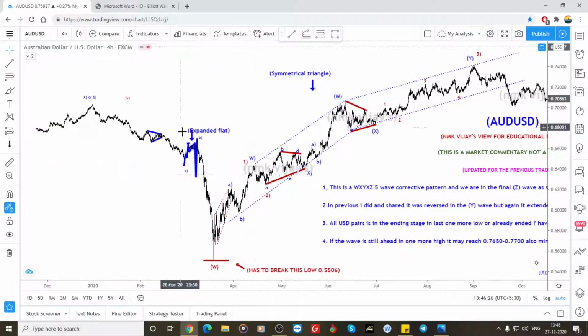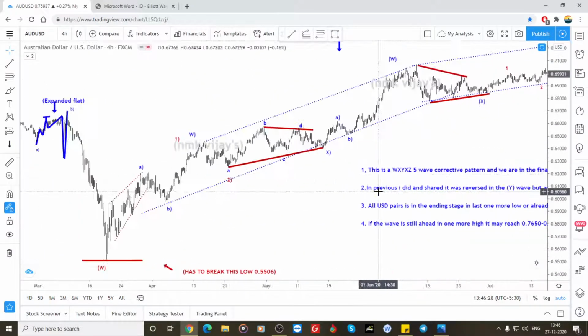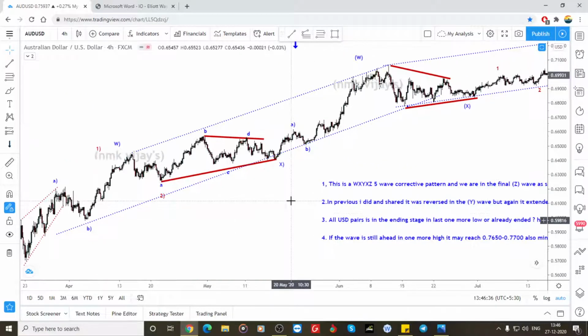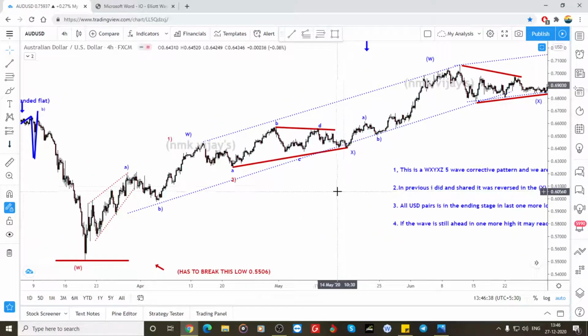This is also a running triangle, A, B, C, D and E. So this is the W and this is the X, and the triangle has to end inside this W. That you have to note down. If it ends here, that is not valid, that is not a triangle.